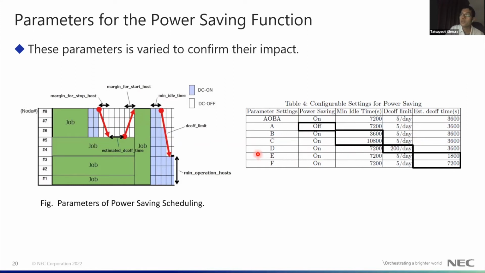Setting D is the case to change the maximum number of times each node is turned off per day. A node is turned off if the node is estimated to remain idle longer than a certain threshold. Settings E and F are the cases where the estimated idle time is set to smaller and larger respectively.